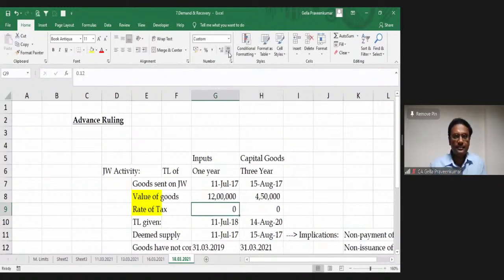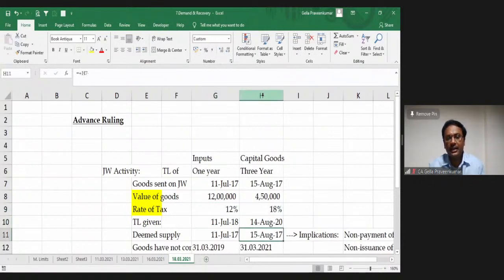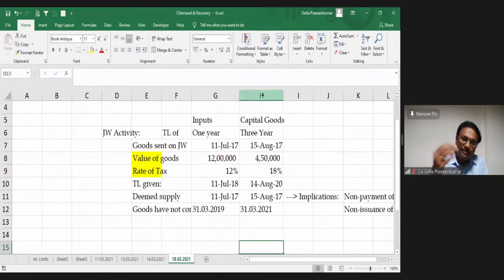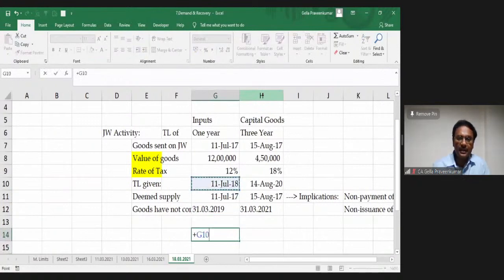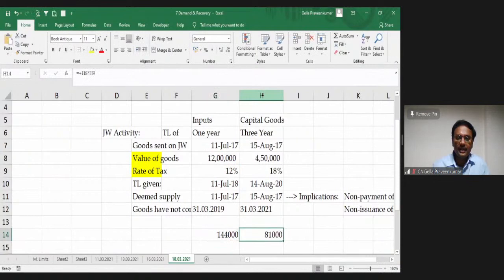Now, what they say: if you don't get back those goods within a period of 1 year or within a period of 3 years, it is deemed supply, 12 lakhs into 12%, and similarly here.